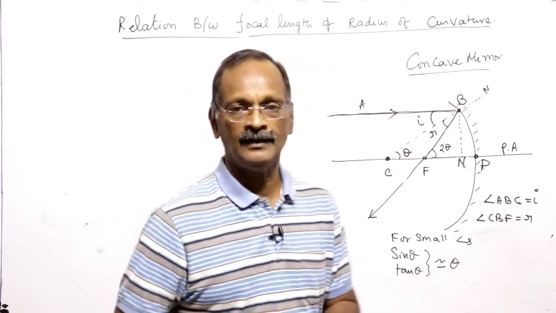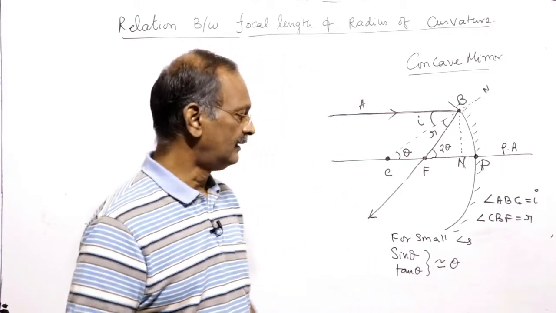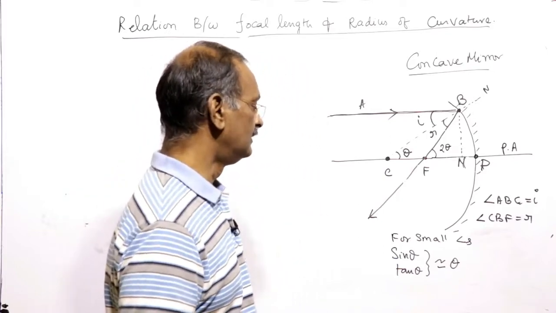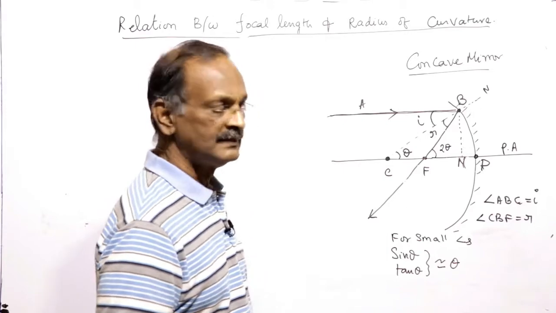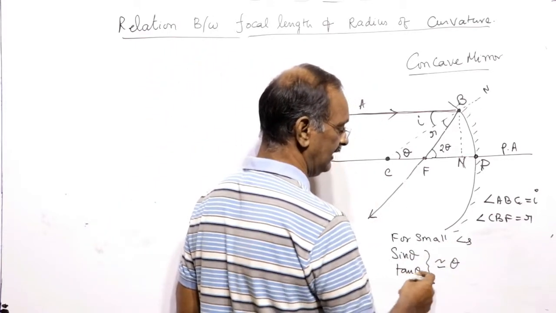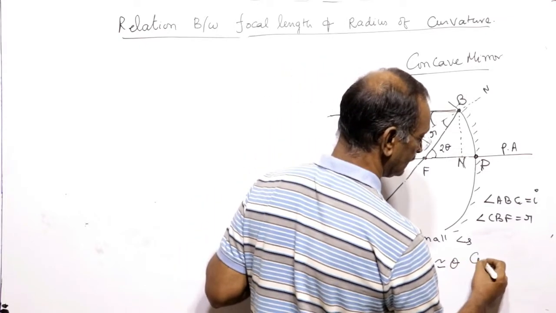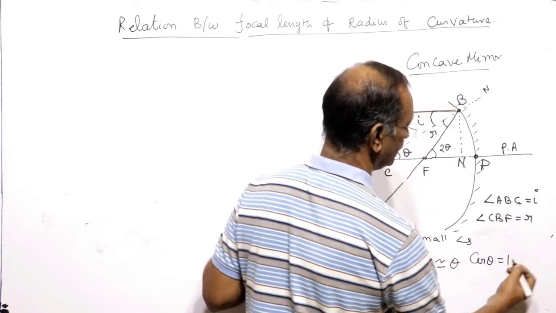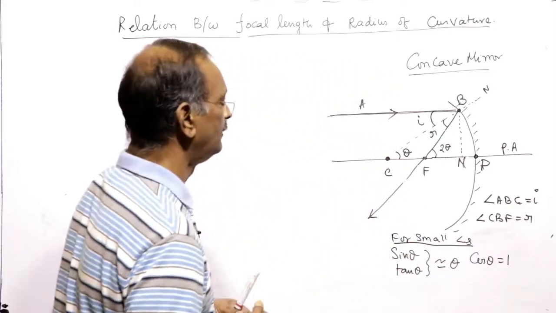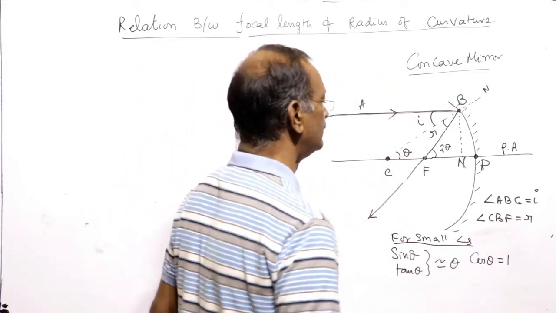A small angle means an angle less than 10 degrees. So sine of 9 degrees is approximately 9 degrees, tan of 9 degrees is approximately 9 degrees, and cos theta is equal to 1. This is applicable only for small angles.